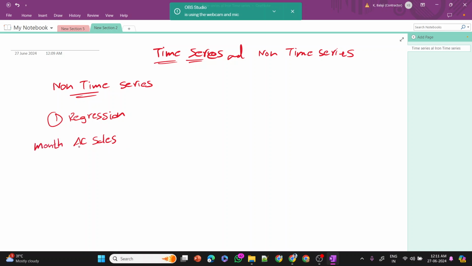So we need to develop a model that can predict sales depending upon month. Let's take month on x-axis and sales on y-axis. Let's plot the data.